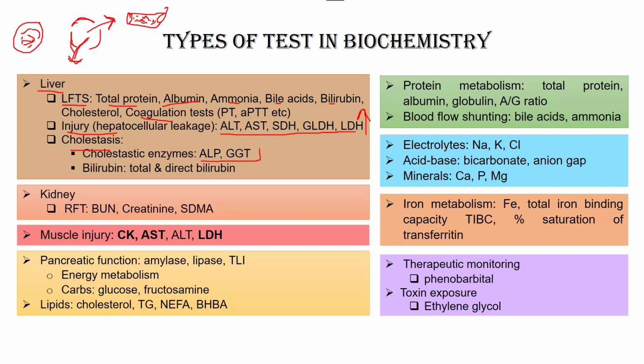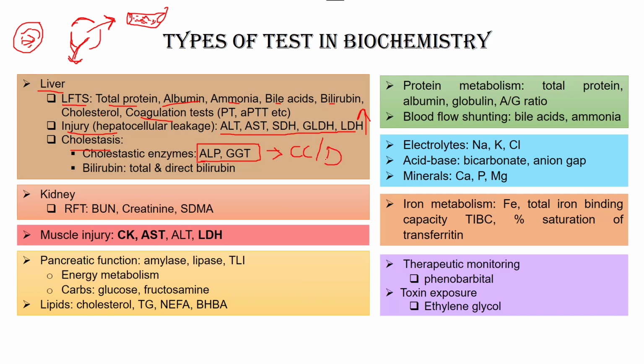There are two enzymes. If their level is increased, you can tell this animal is having a cholestasis issue. So these two enzymes tell cholestasis, and not only that, they are also raised with corticosteroids or any steroid or drug administration.